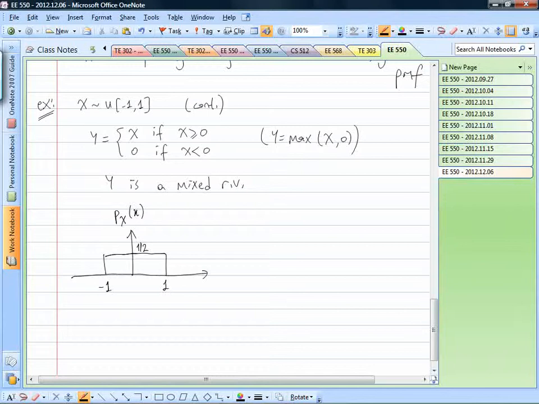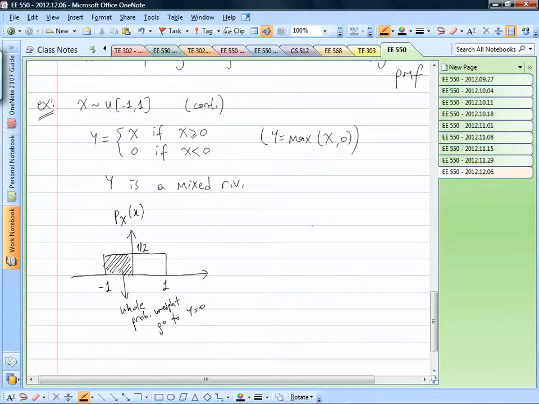Now when you look at y, the whole probability mass for x less than 0 is mapped into y equal to 0, right? So the whole probability weight goes to y equal to 0.